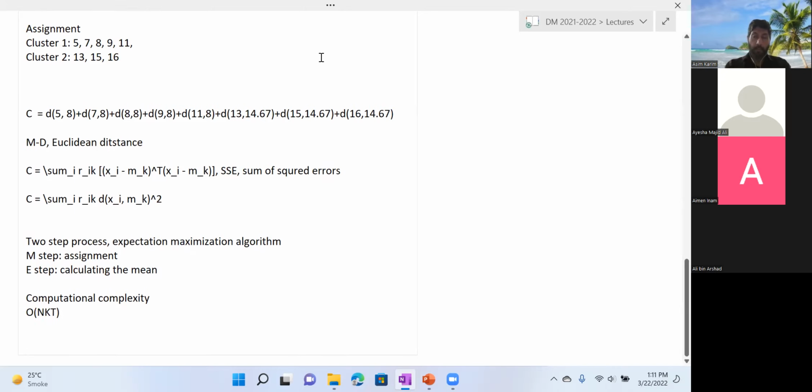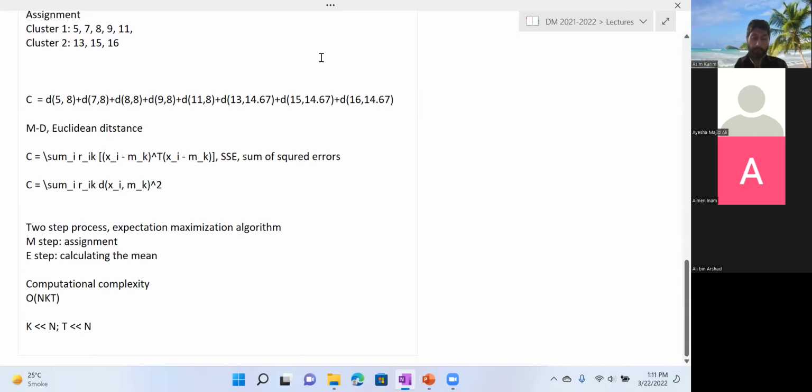In general, k is much less than n, and t would also be much less than n. So these numbers are generally small. It is an efficient algorithm, a big positive, and one of the reasons for its popularity as well.